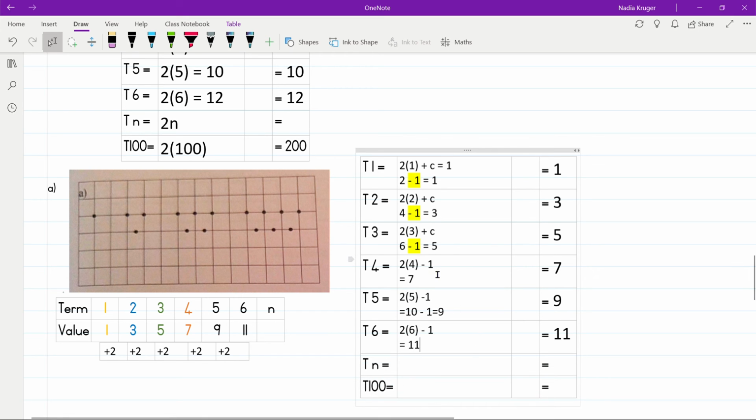Okay, so from this information, we can see, what did we do in each step? We subtracted a 1. So in our basic formula, which is AN plus C, we can say A was this 2, that is the constant difference that we determined between each term.